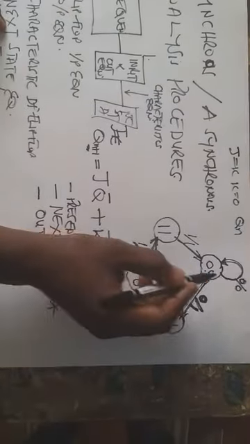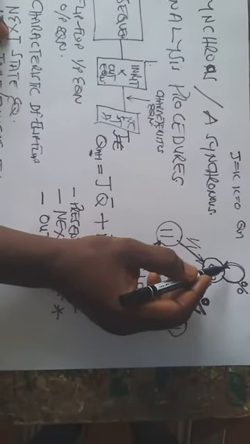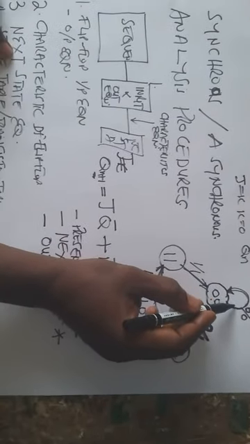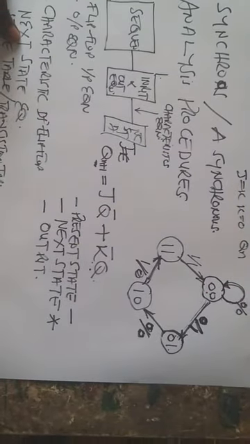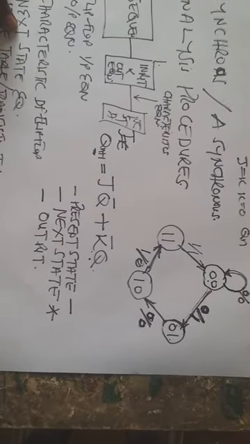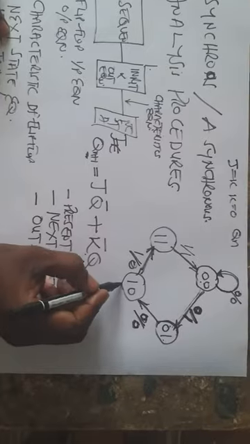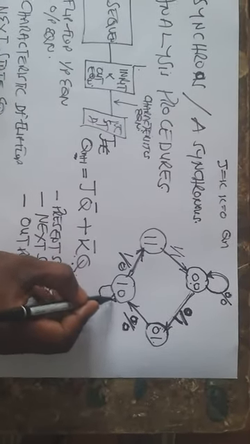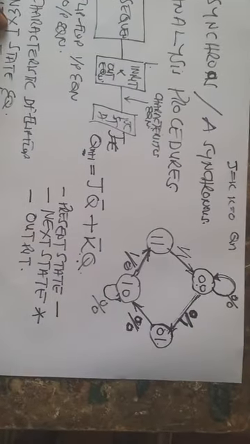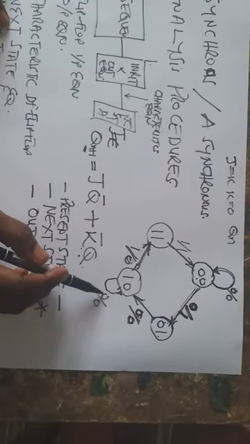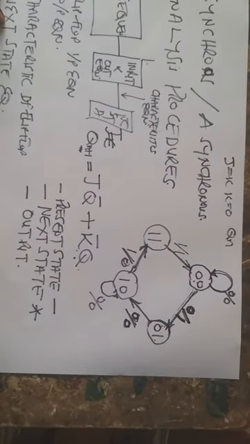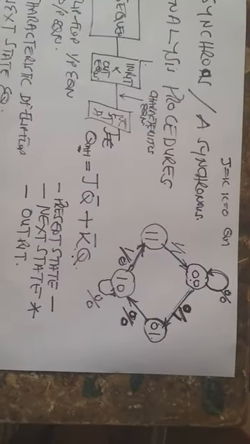So remember, a directed line connecting a circle to itself indicates that no change of state occurs. So if I put this here and then I put 0/0 here, it means that when the input was 0, the state didn't change, it still remained at that same state.